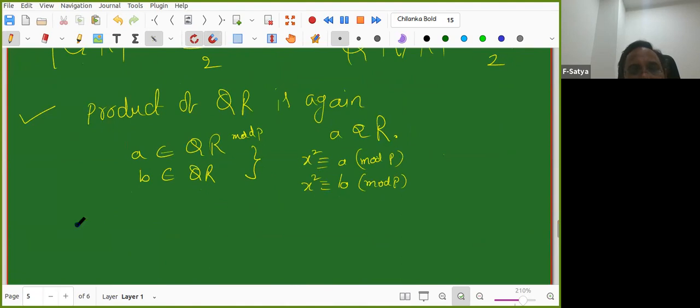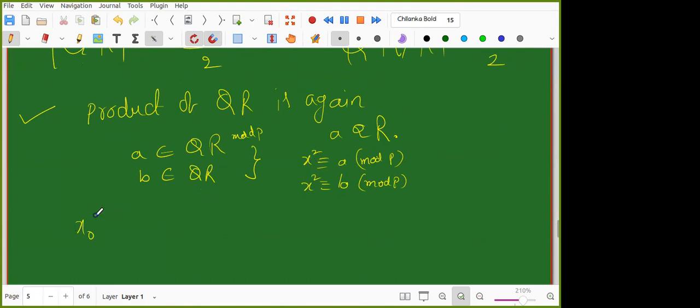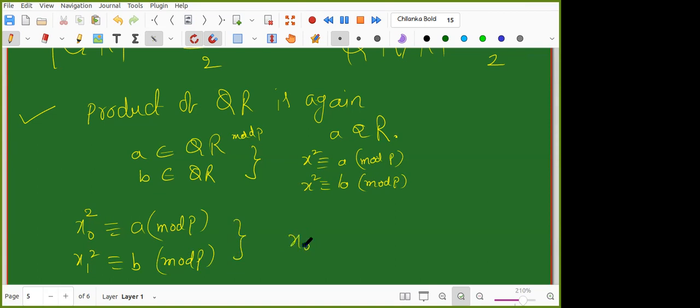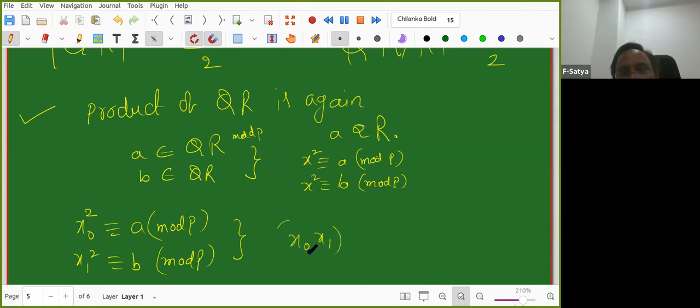Let me give more clarity. This has a solution means there exists x naught such that x naught square is congruent to A mod P. There is an x1 such that x1 square is congruent to B mod P. Then x naught times x1, squared, is congruent to AB modulo P. Very good, correct.